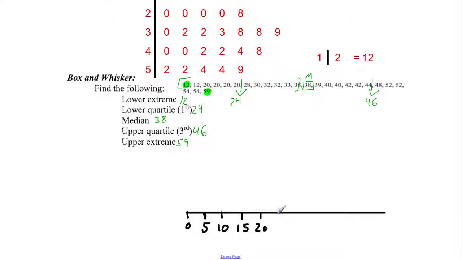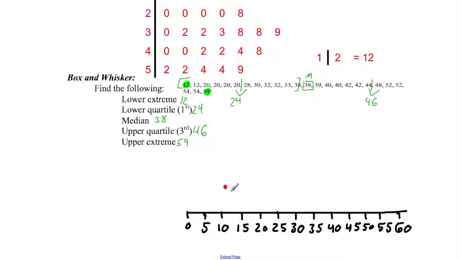I'm going to start at 0 for this one. I don't have to, but I can. When I have a large spread, a large range of numbers, intervals of 5 are really nice. Now I'm going to look at the lower extreme, which is 12, so that's about there.